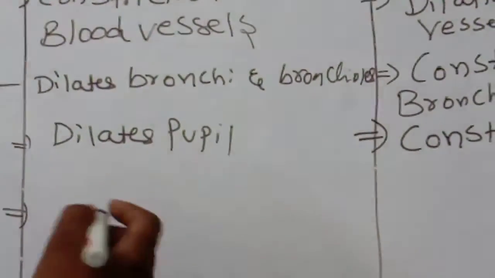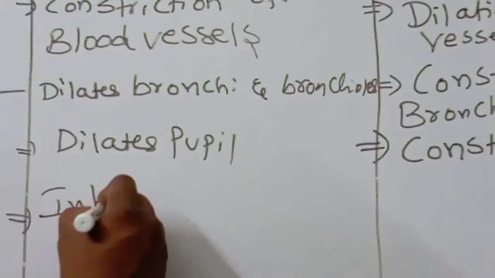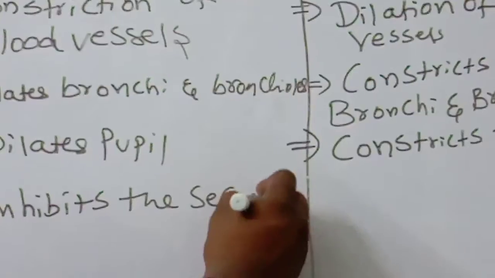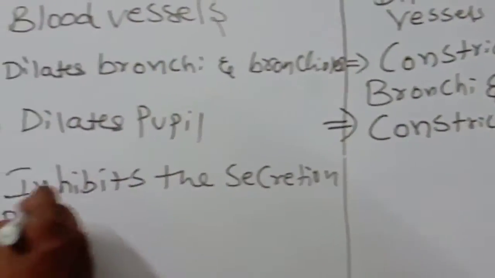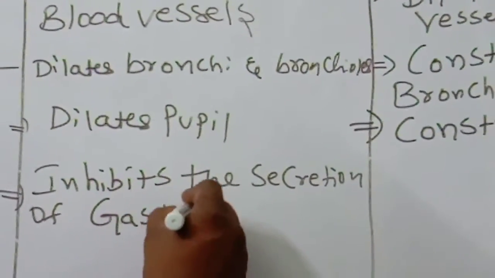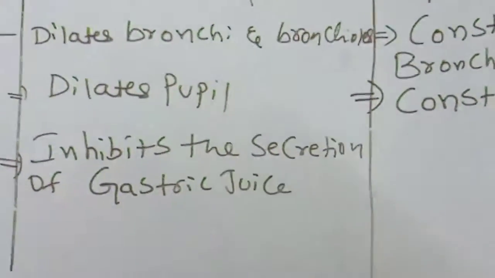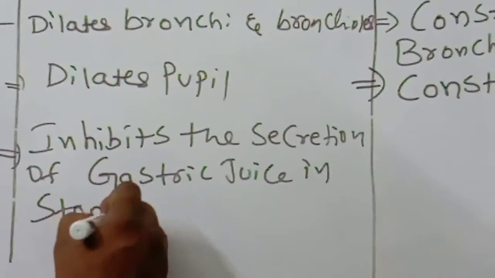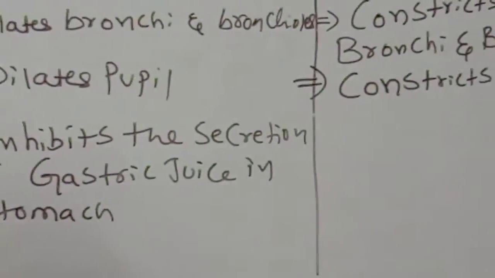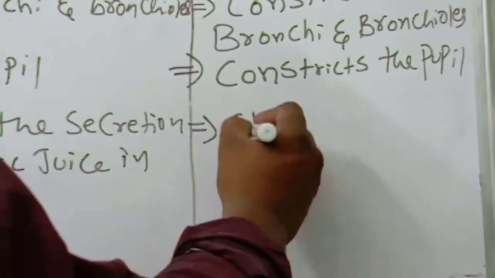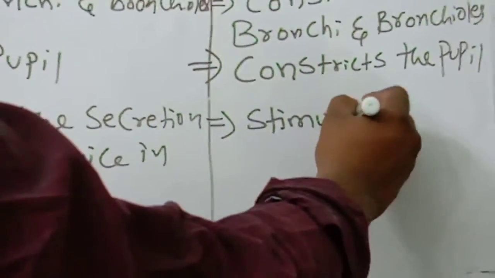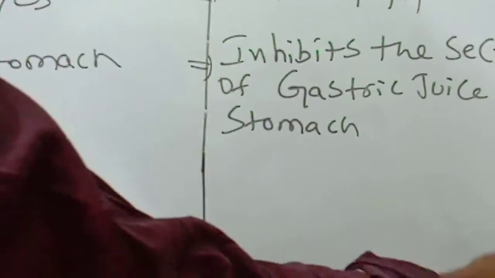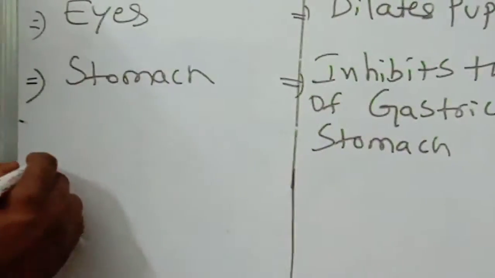Sympathetic inhibits the secretion of gastric juice in the stomach. Opposite, parasympathetic stimulates the secretion.